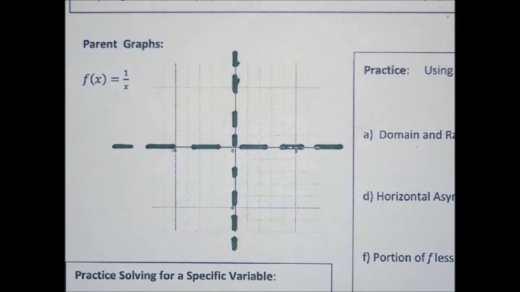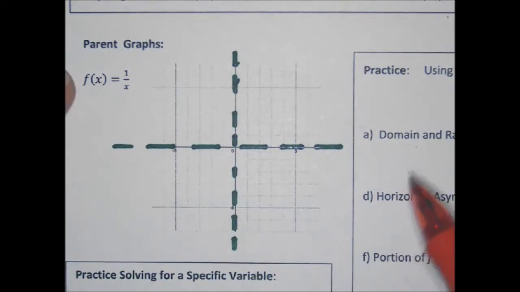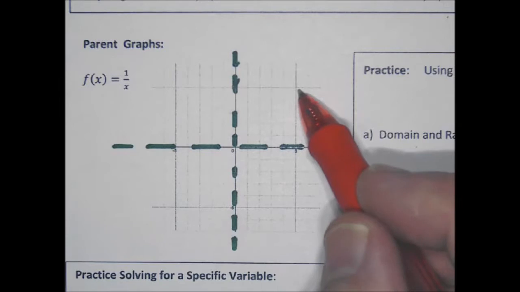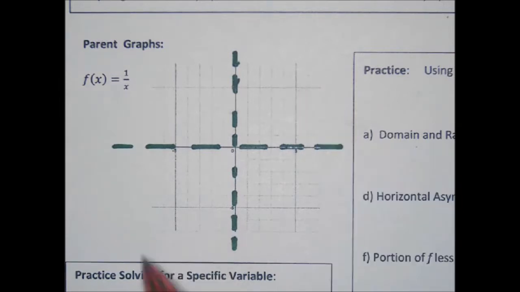And because there was a 1 on top of the numerator of the fraction, all we did was go 1 over 1 up. The key point was 1, 1, which is way up here, or negative 1, which is way down there.